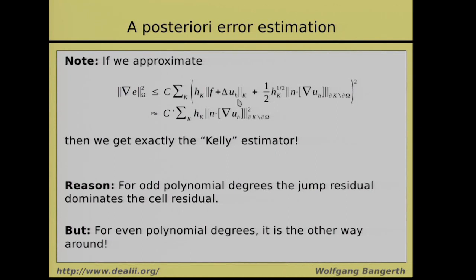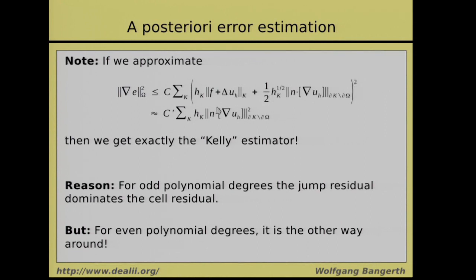And so for odd polynomial degrees, it does make sense to only consider this term here, and that would be exactly the Kelly indicator. I should caution that for even polynomial degrees, that is not the case. For even polynomial degrees, it turns out that this term is the dominant one over this one here. So strictly speaking, this inequality is not going to be true.